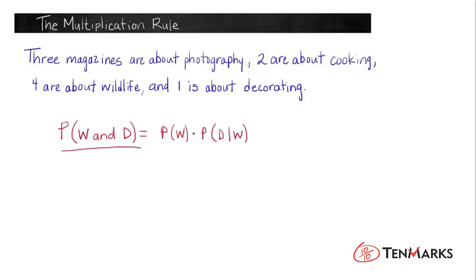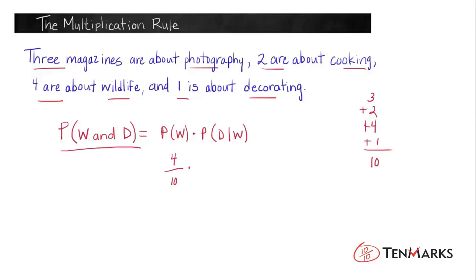Now we're going to need the total number of magazines first before we do anything. So we've got 3 about photography, 2 about cooking, 4 about wildlife, and 1 about decorating. So that gives us 3, 4, 5, 9, 10. 10 magazines total. For the probability of getting a wildlife magazine, we'll put the number of favorable outcomes, which is 4, over the total outcomes, which is 10. And we'll multiply that by the probability of getting the decorating magazine.